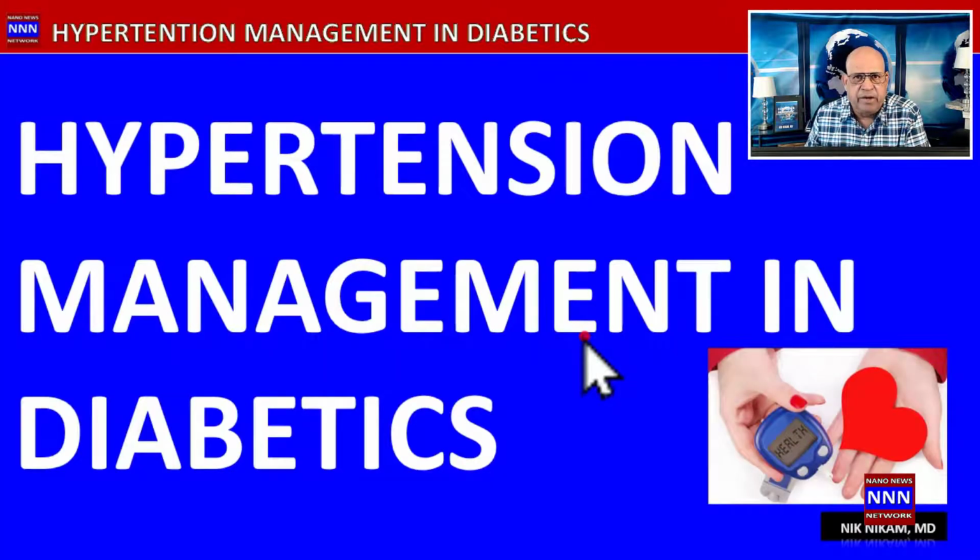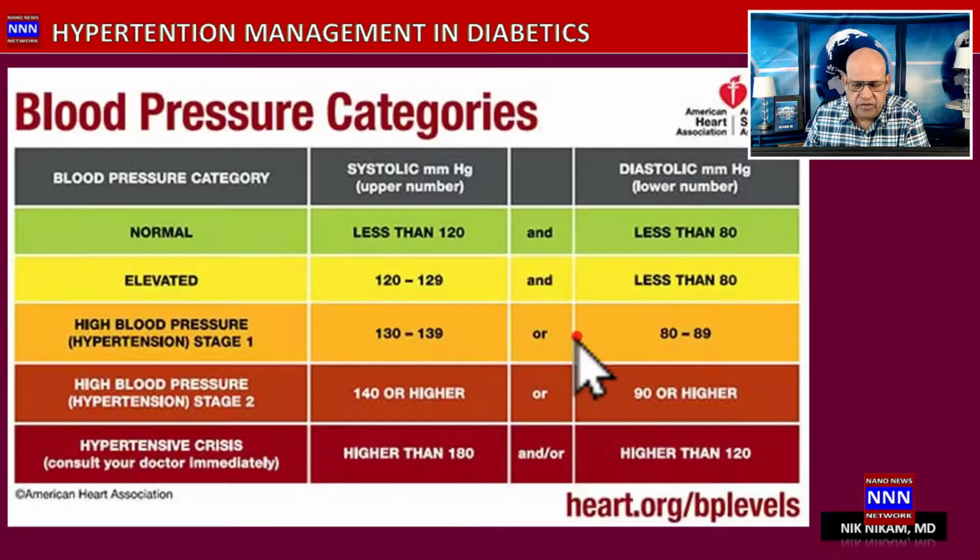So let us begin with the feature presentation, which is hypertension management in diabetic patients. This is a chart from the American Heart Association showing the criteria for hypertension. The normal blood pressure, the systolic is less than 120 and a diastolic less than 80 millimeters of mercury.